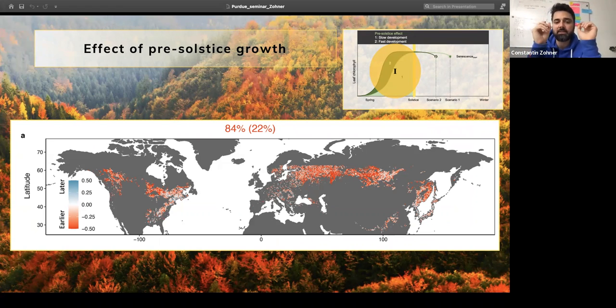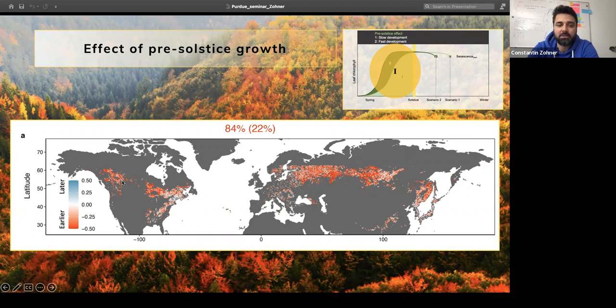In that case, it's GPP, so it's the gross primary productivity from leaf out until the longest day of the year. And blue pixels would indicate a positive effect, a positive correlation: more productivity, a later start of senescence, whereas these red pixels indicate a negative correlation.